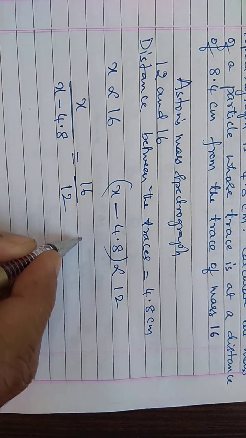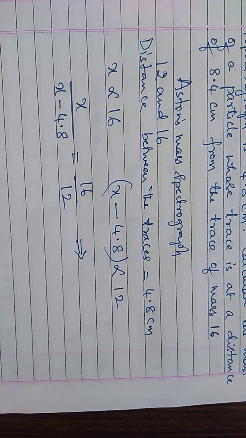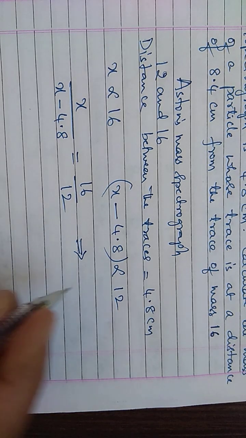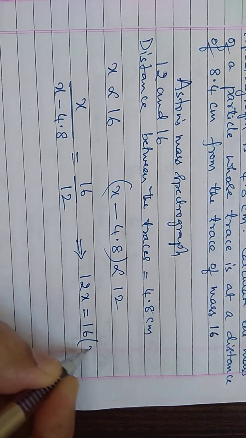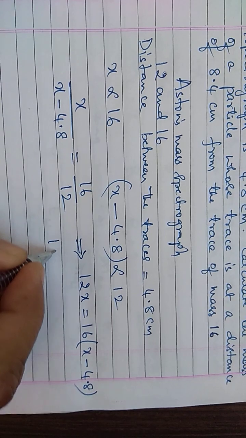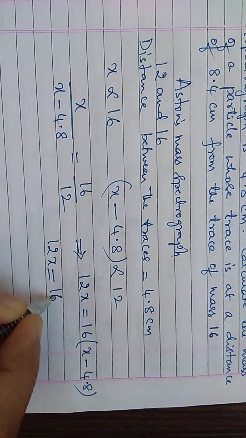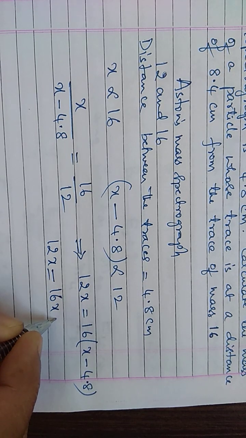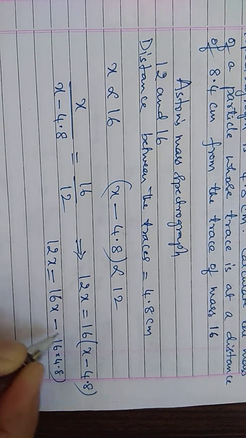This implies, calculate this by cross multiplication. 12x is equal to 16 into x minus 4.8. 12x is equal to 16x minus 16 multiplied by 4.8.